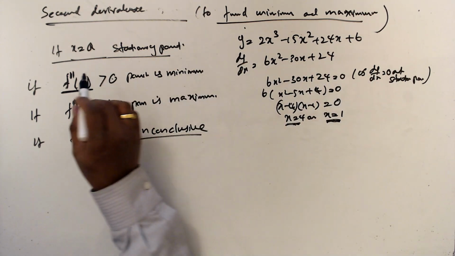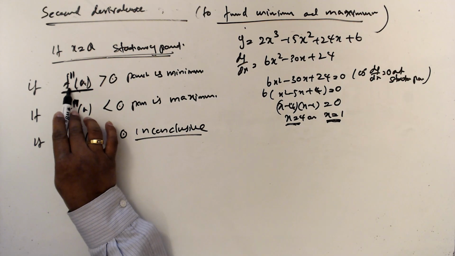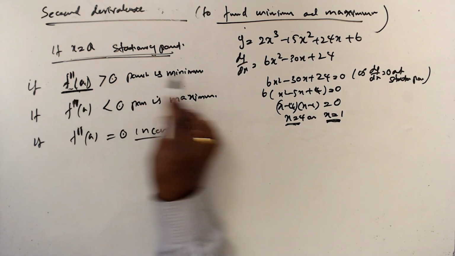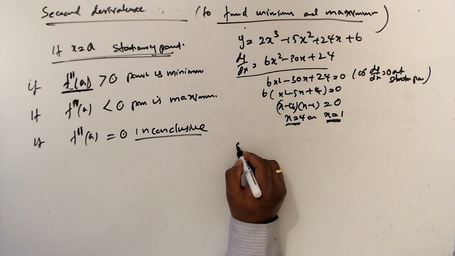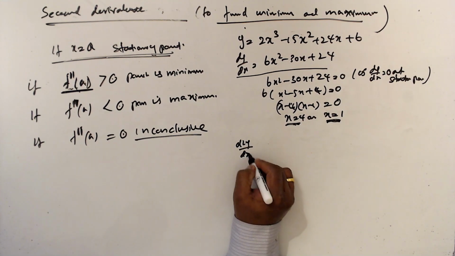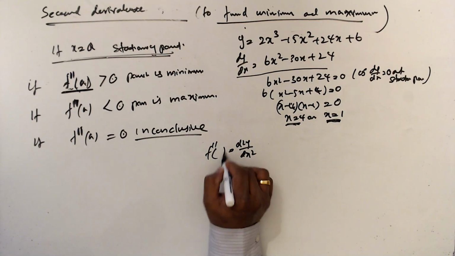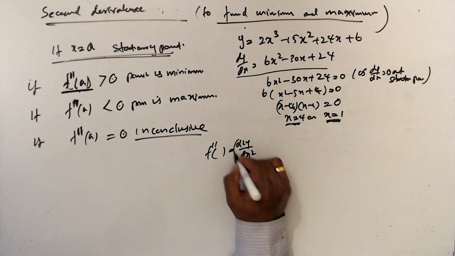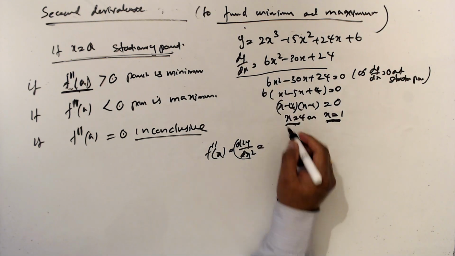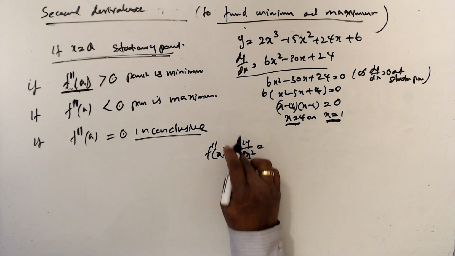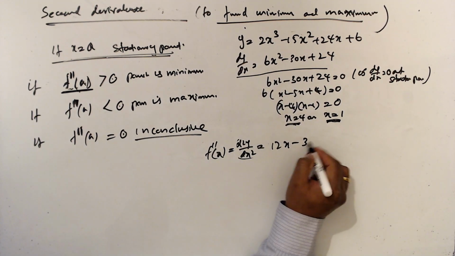So what does it say? If x is a stationary point, we check the double prime. I have to get the second derivative d squared y over dx squared, also referred to as f double dash. This is going to be 12x minus 30, as I differentiate again.